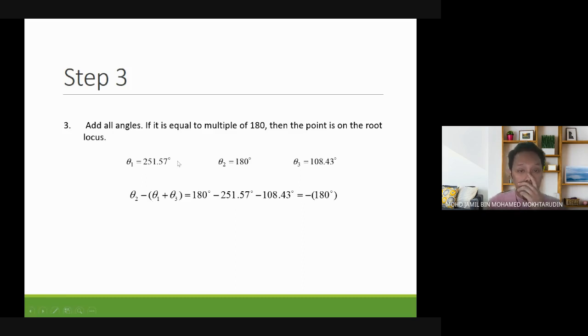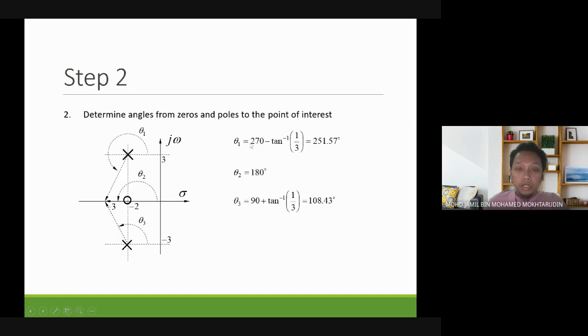For example, θ1 is the angle from poles, θ2 is the angle from zeros, and θ3 is the angle from the poles. So we add the poles and minus the angle of zeros, okay? Or we add zeros minus the angle of poles.